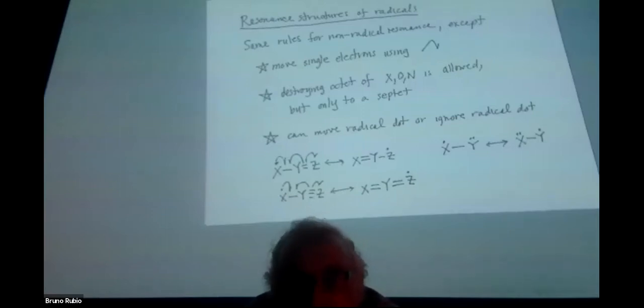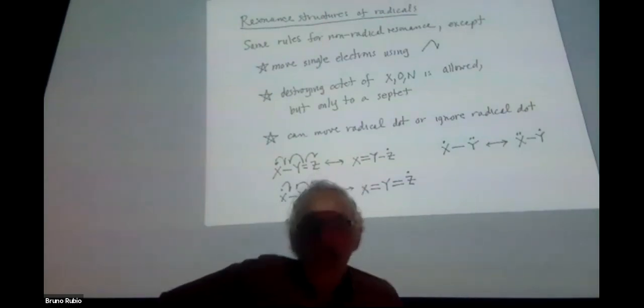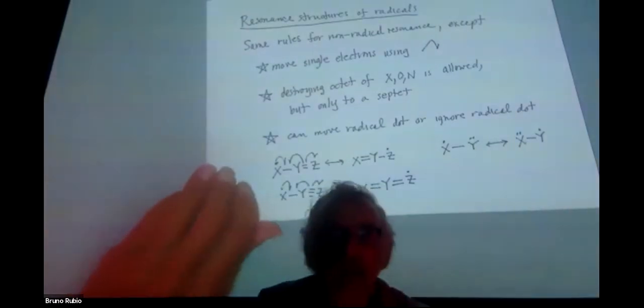What actually happened is that an electron on Y was delocalized. It moved, and that's what resonance is. It moved from Y to X. So that's another common motif that we see. So these are the three common moves that you're going to see where you're moving the radical dot.